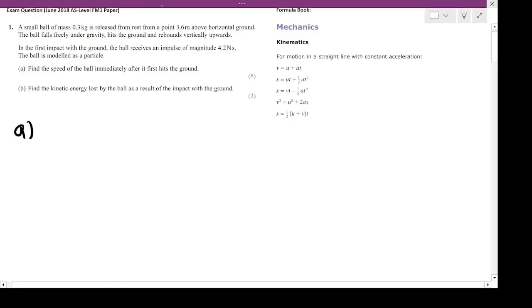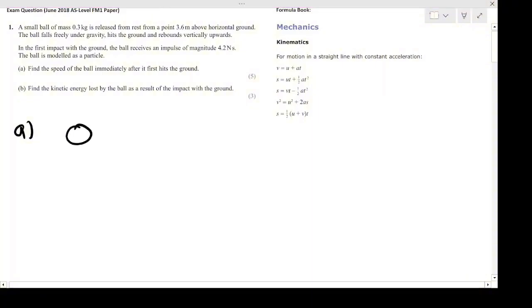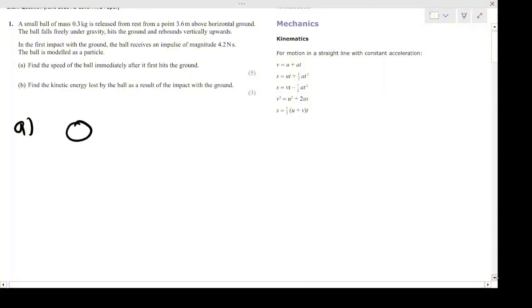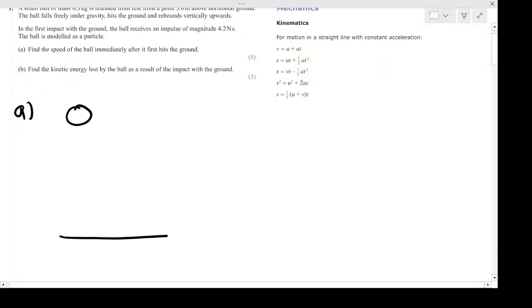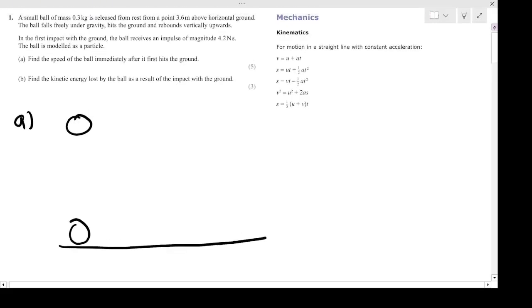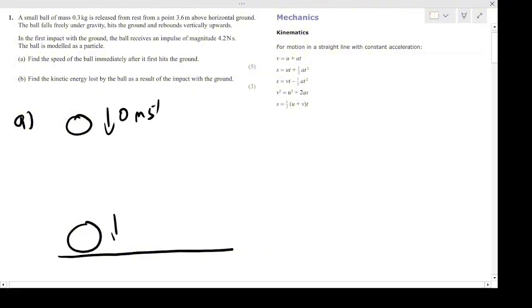So the idea is it's in the air and then it will fall down to the ground, right? And so initially it's released from rest, okay? So it starts with 0 speed, and then it's going to hit the ground with a speed, say v, okay? So there we are.